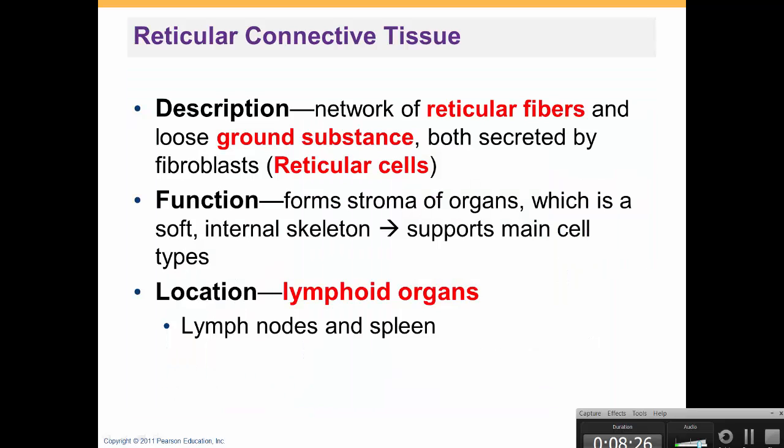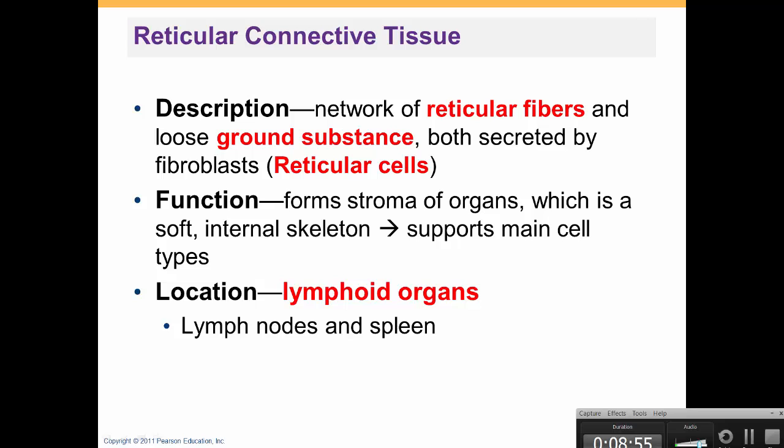The next type is reticular connective tissue. Reticular connective tissue, as the name implies, has reticular fibers. It has also reticular cells, which is a subtype of fibroblasts. Where do you find this? It's actually almost exclusively only for the lymphoid organs. So if you hear reticular connective tissue, you need to associate this with lymphoid organs.